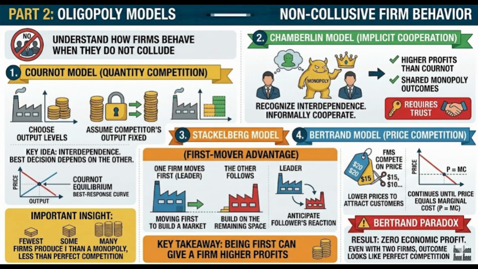This continues until price equals marginal cost, or MC. And what is the result? The result is zero economic profit. This is called the Bertrand paradox because even with only two firms, the outcome looks like perfect competition.